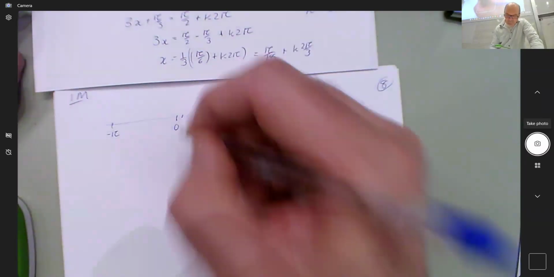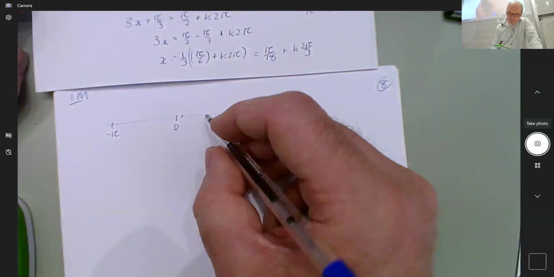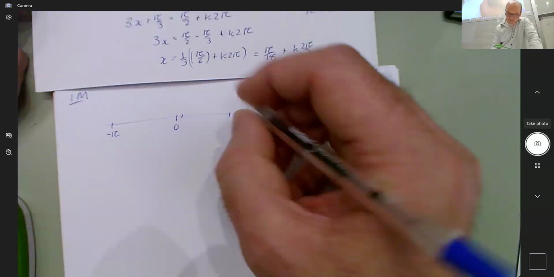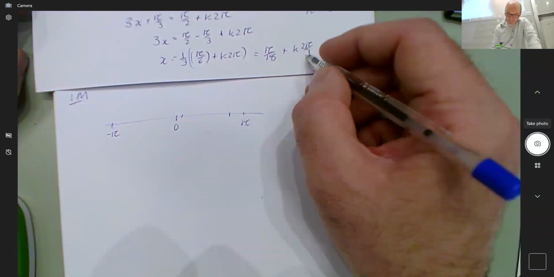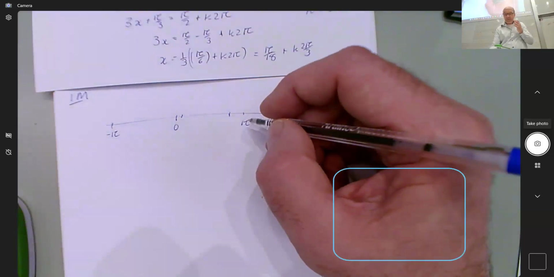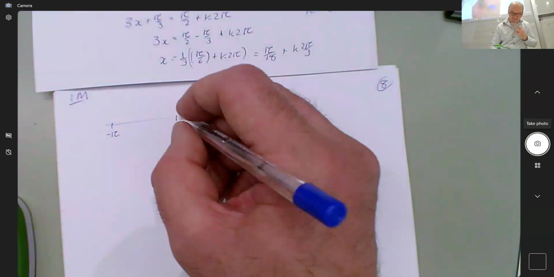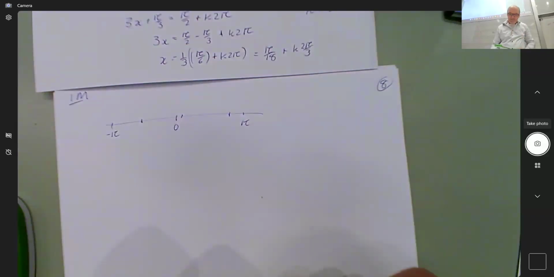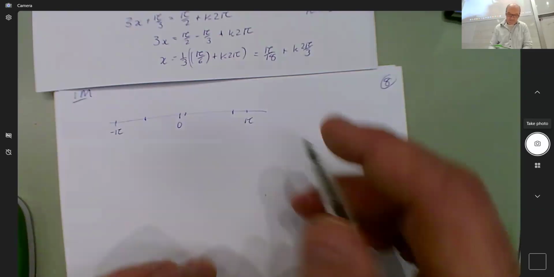This one is quite close to 0. So when I add 2 pi on 3, it's going to be close to pi, but still less than pi. And so when I take off 1, it's going to be there. I suspect if I take off 2, that's getting me my 3 solutions. I possibly will check, but just going.